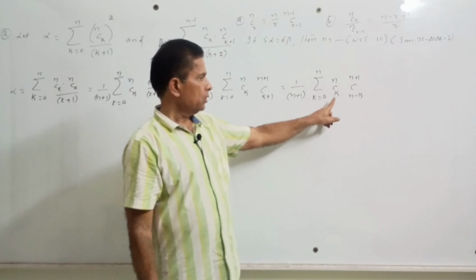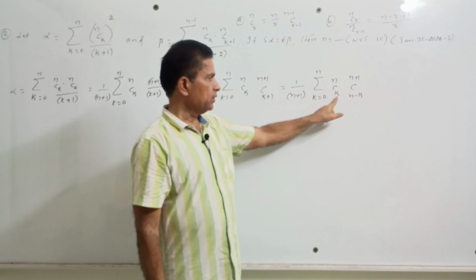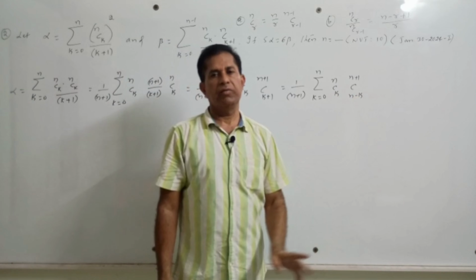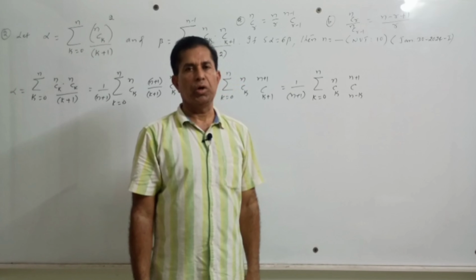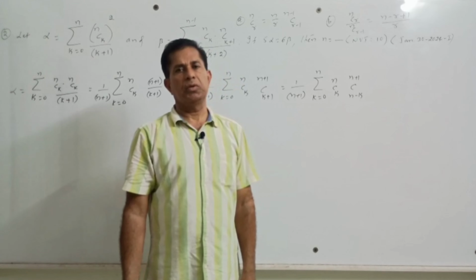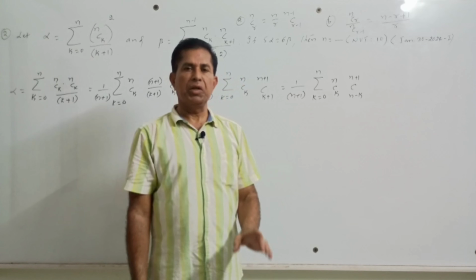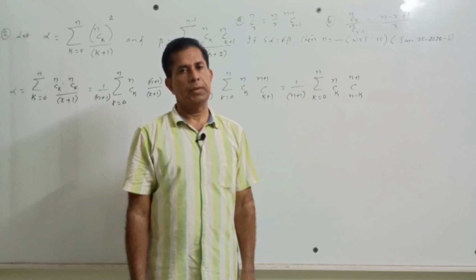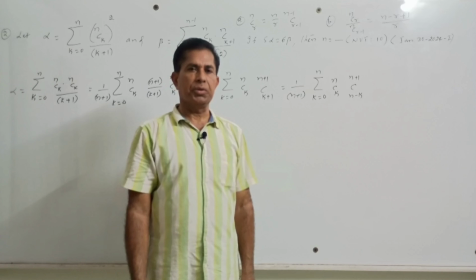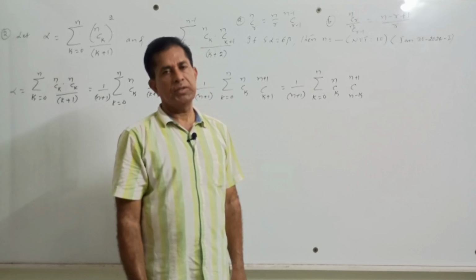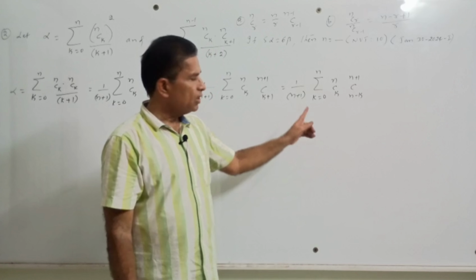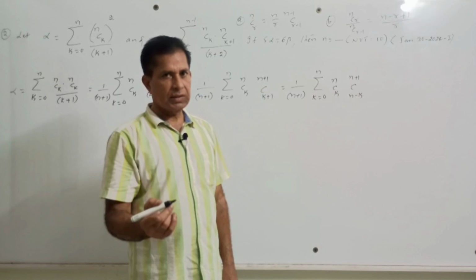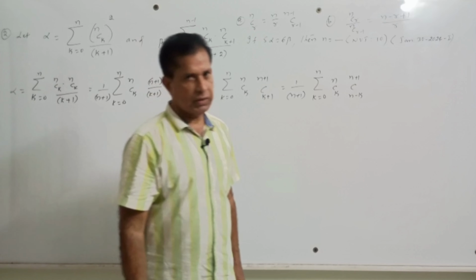See now, in the sum of the lower indices, k plus n minus k, the k and minus k will get cancelled. We are getting n only, for k equals 0 to n. That means in all terms the sum of the lower indices is n. Therefore, according to Vandermonde's identity, this can be written as the sum of the upper indices C sum of the lower indices.